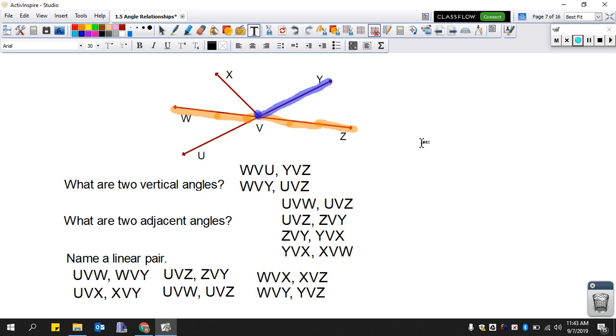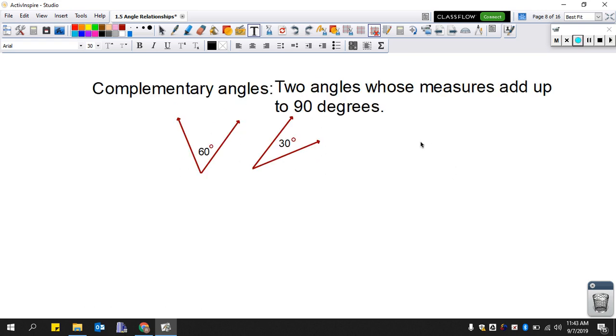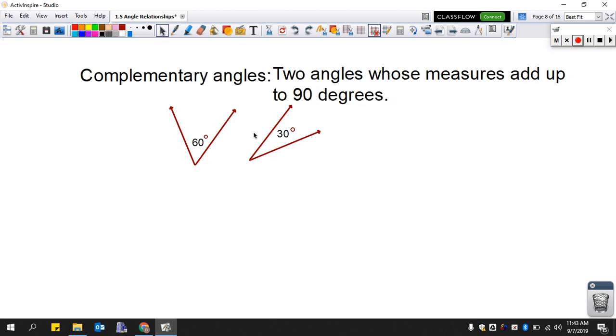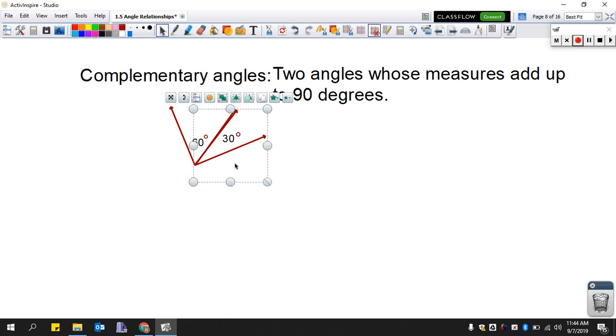All right. So as I had said before, we're going to talk about complementary and supplementary angles. All right. So when we're looking at this, complementary angles are 2 angles whose measures add up to 90 degrees. So I have a 60-degree angle, I have a 30-degree angle. If I combine these 2 together, I should end up with a right angle that adds up to 90 degrees, and 60 plus 30 is equal to 90 degrees.